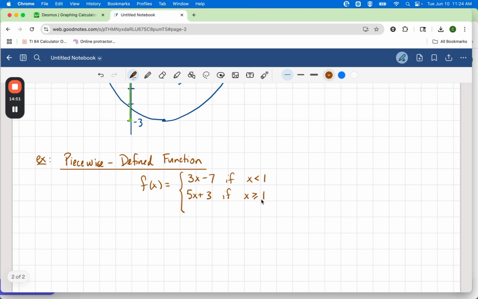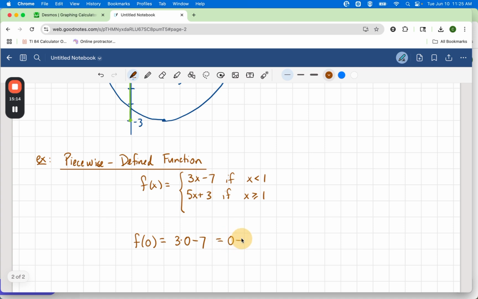So when I ask you to find, like, what is f of 0, the first thing you need to do is figure out where 0 is. Is 0 less than 1, or is 0 greater than or equal to 1? 0 is less than 1, so I'm going to use the top formula to calculate f of 0.